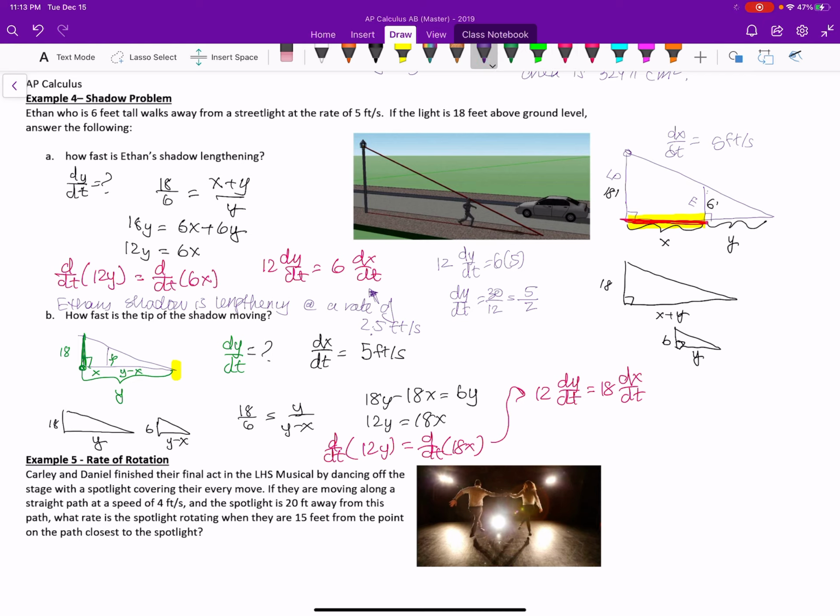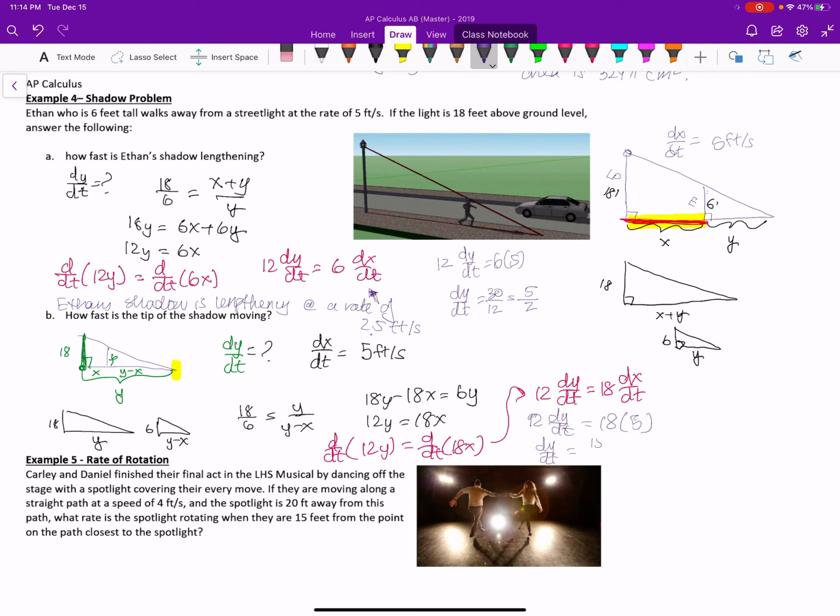So substitute in, you get 12. It looks very similar, but the answers are not the same, because it's going to be 18 times 5 here and then divide by 12. So dy/dt is equal to, and I can't reiterate that enough, that it's the tip of the shadow that is changing.